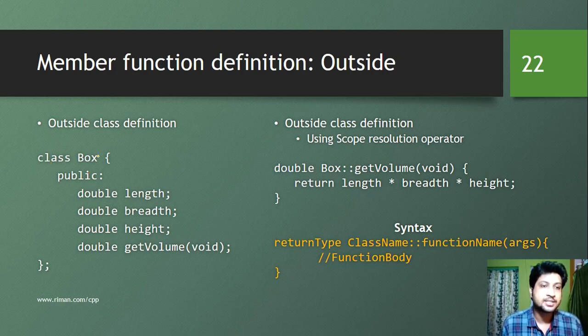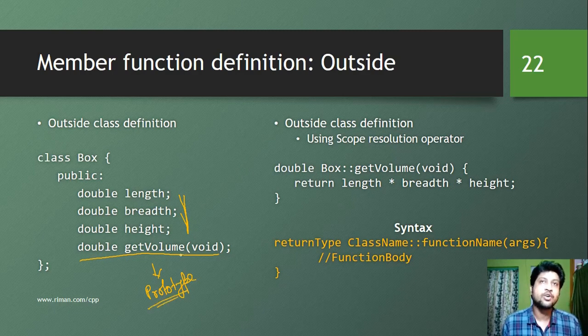As you can see, in class Box we have three public data members and one function, and this time we have only written the prototype or function header. You must include the function header in the class so that it can become a member function of that particular class.